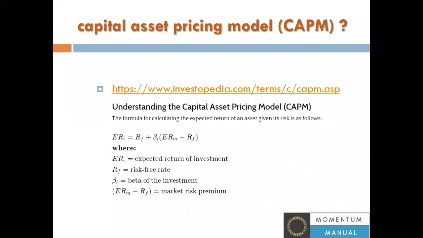Expected investment return, that is RI, is nothing but RF, which is the risk-free rate, which is basically the bank rate. Or if you want to be so accurate, what is the rate that you should be referencing? What is today's interest rate? 6.5, 10 years. Yeah, but what is that rate?